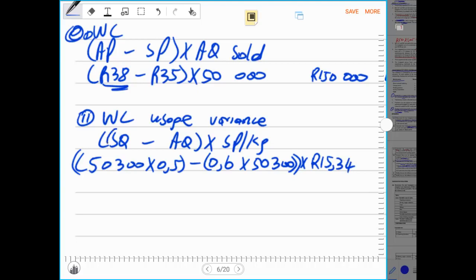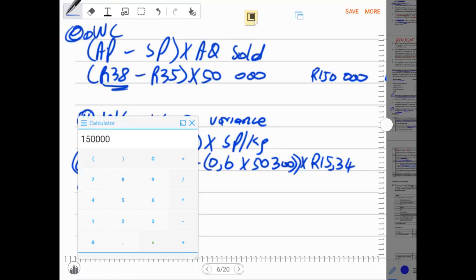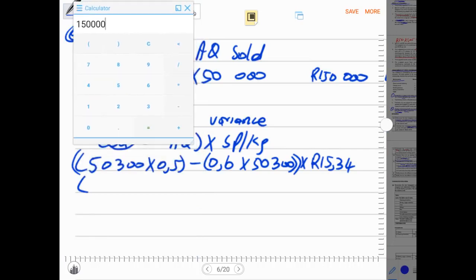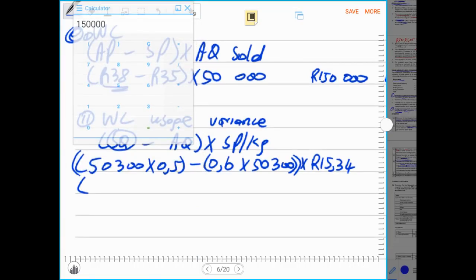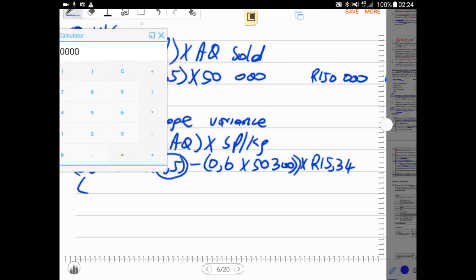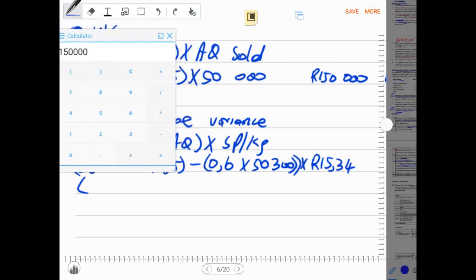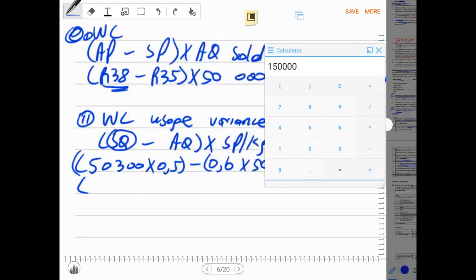Remember, this is standard quantity. Standard quantity is equal to actual production times standard quantities per unit, meaning the required material kgs or liters per unit. So my standard kgs means the number of kgs that I was supposed to have used, if I was supposed to use 0.5 kgs per unit. So standard is based on how many kgs you're supposed to have used.